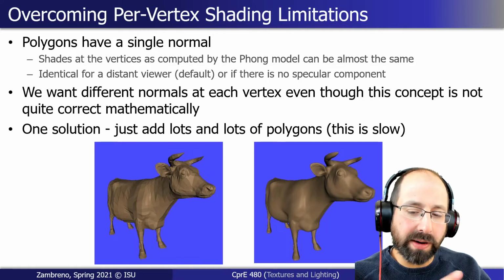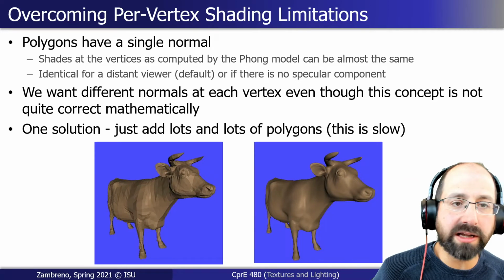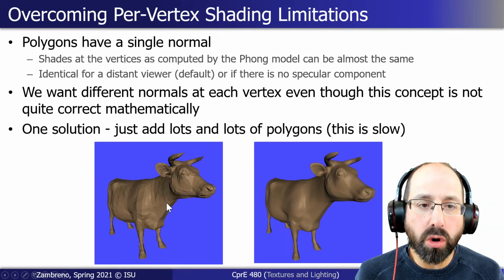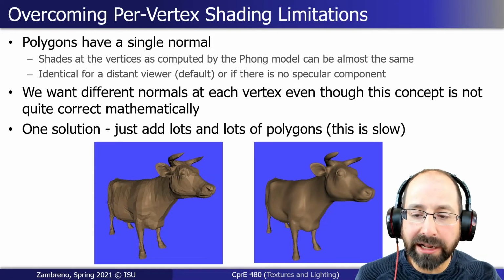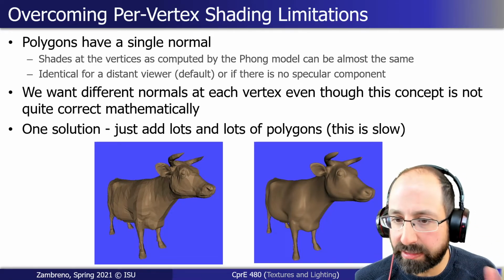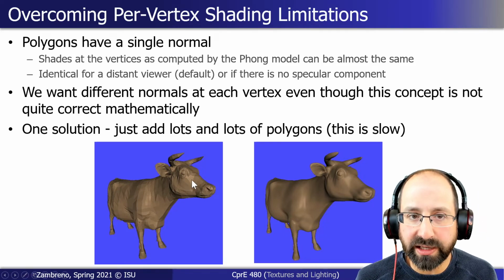And so we call it per polygon shading or flat shading. The reason is because it winds up looking pretty flat, right? If we only know the surface normal on a triangle by triangle basis, our resulting shaded model is going to look like this.